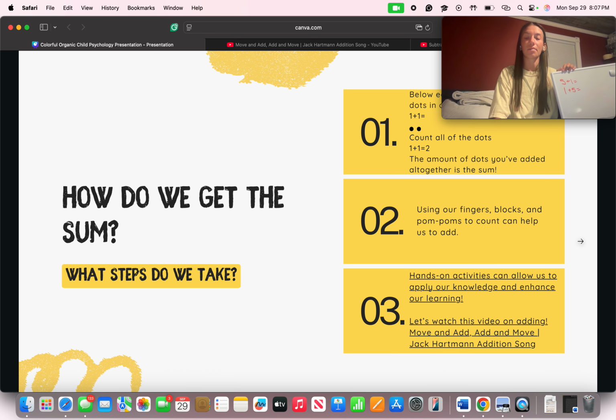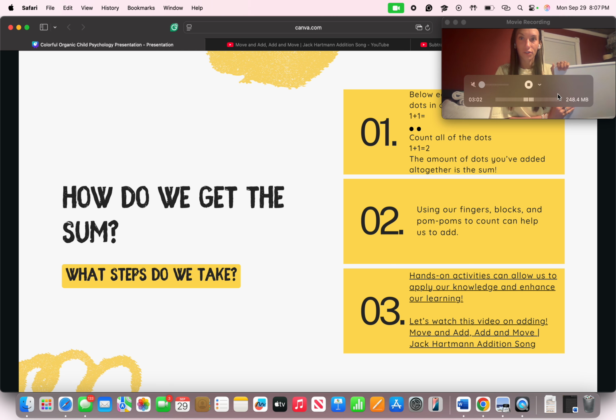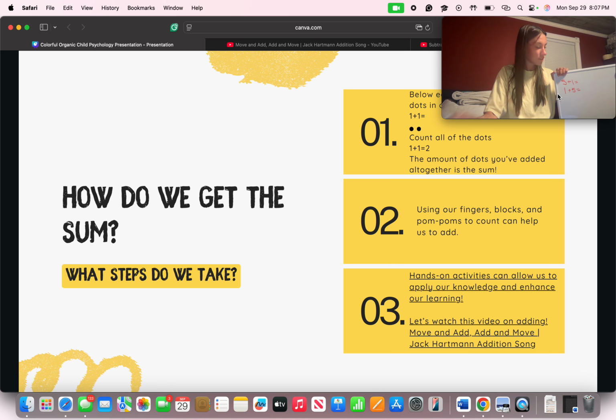How do we get the sum? Well, to get the sum, we can do a method using dots. So, we can add dots underneath our numbers and then add them all together. For example, 1 plus 2 equals.